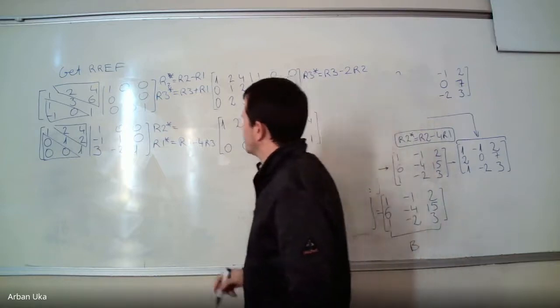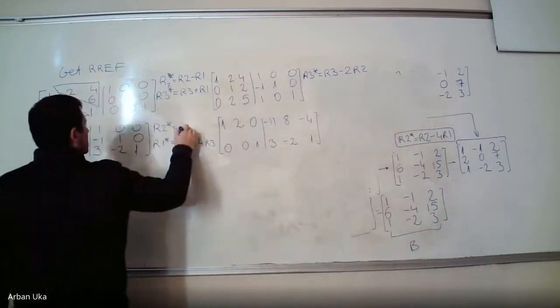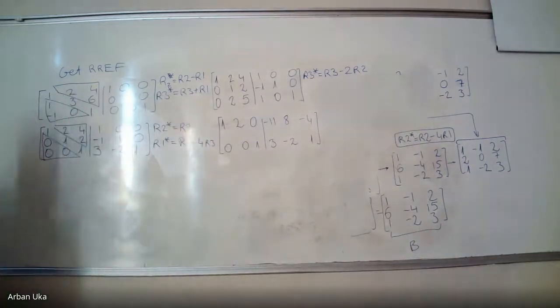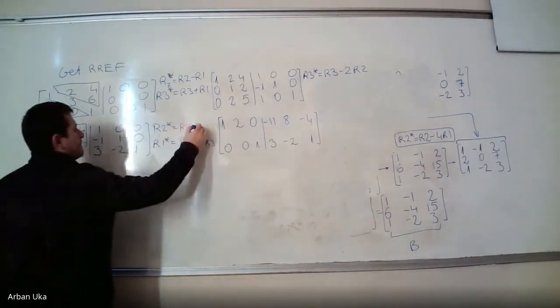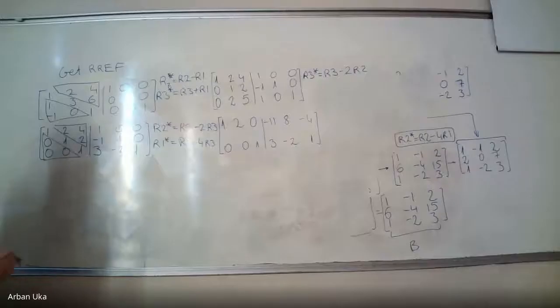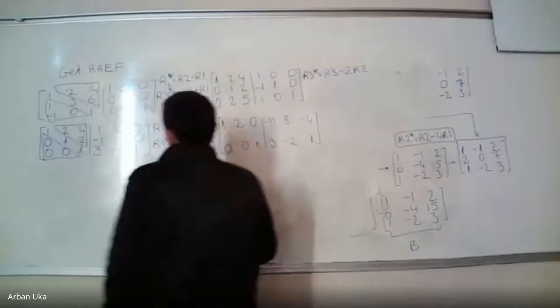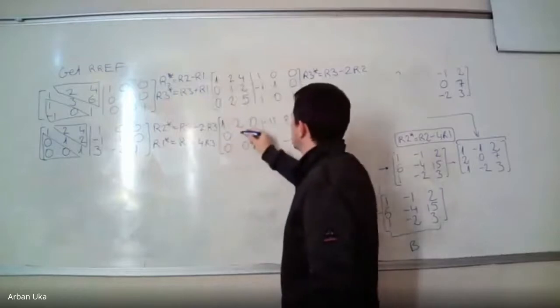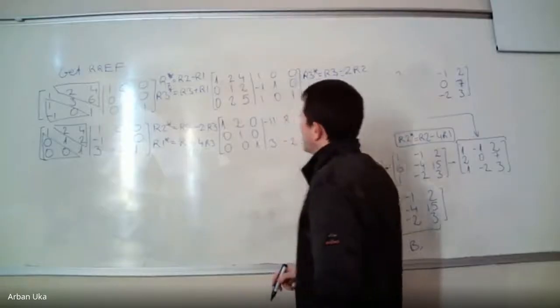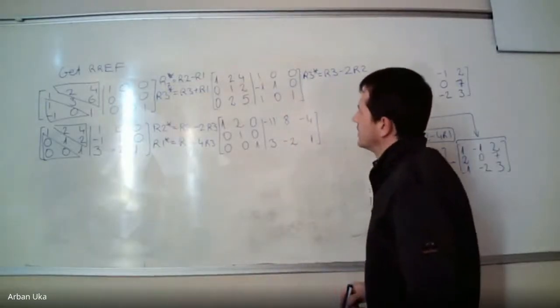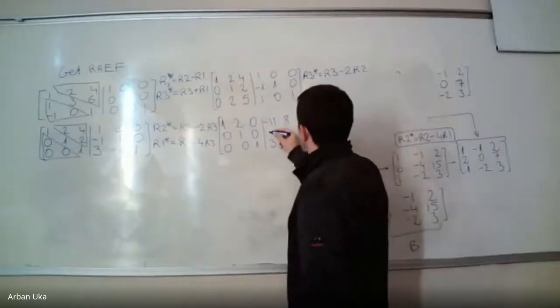What about row 2? What can we do to row 2? Row 2 star equals row 2 minus 2 row 3, and then we get 0, 0. This is minus 4, minus 6, minus 7.